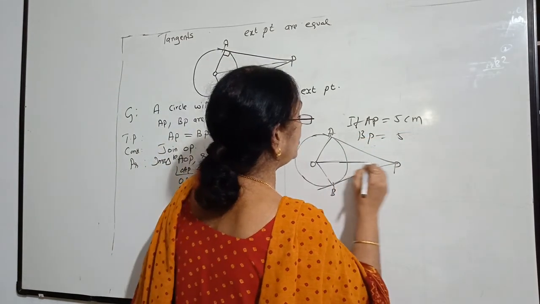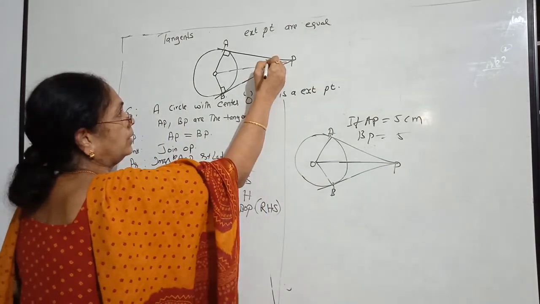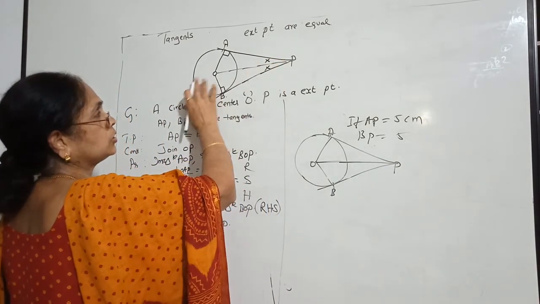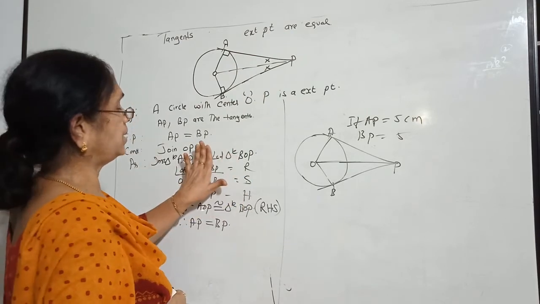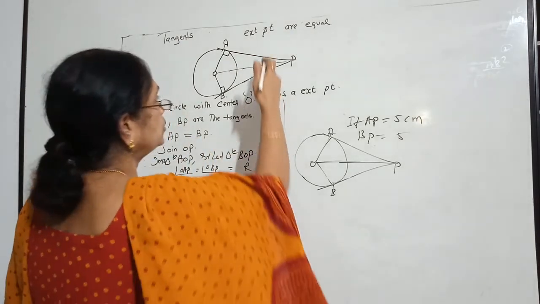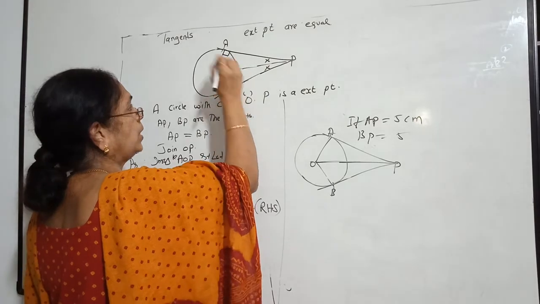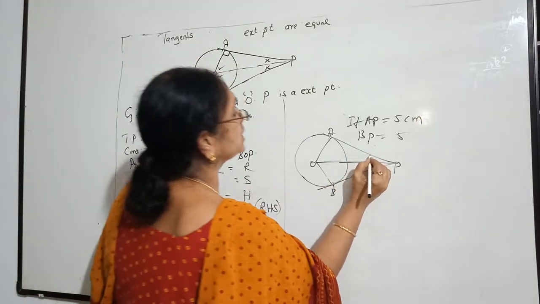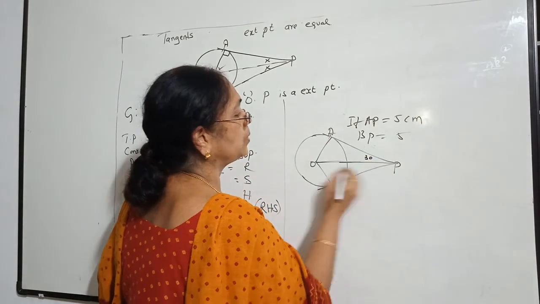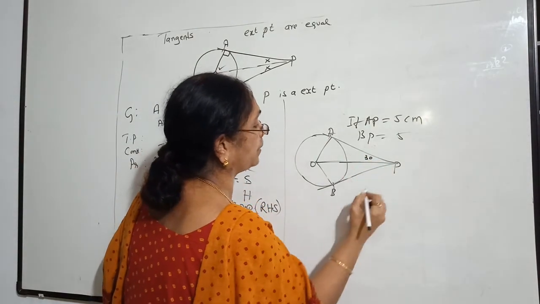Now, sometimes they give it like this. In the previous syllabus, they had asked us to prove all this, but now they have cut it short. Only one side is asked. Here, these two angles are equal, and these two angles are equal. They will give you this angle and ask you APB.